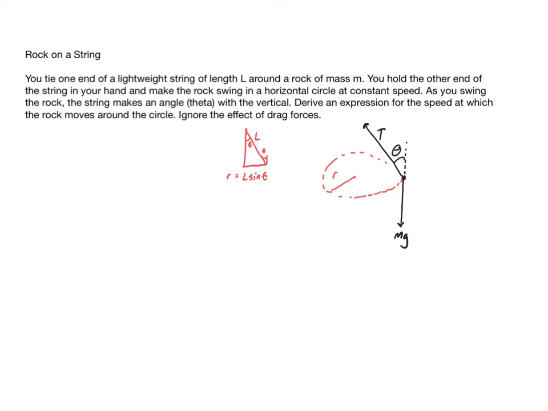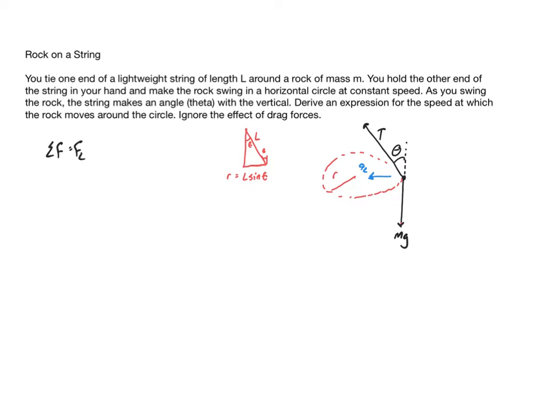So let's go ahead and do Newton's second law. And so let's do the x direction first. We know that there is a centripetal acceleration directed inwards, which means there is a force directed inwards. It looks like the centripetal force is the net force on the object. There always is a net force on the object if it's moving in a circle.